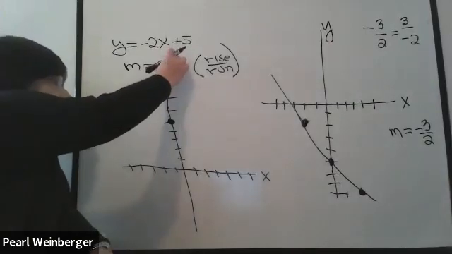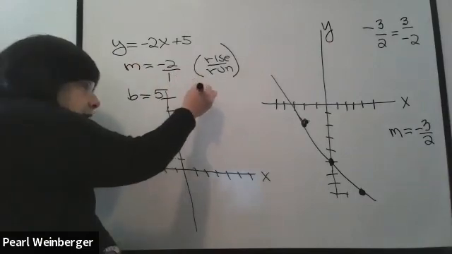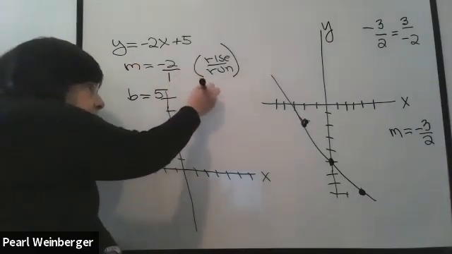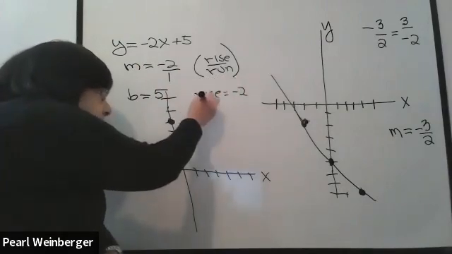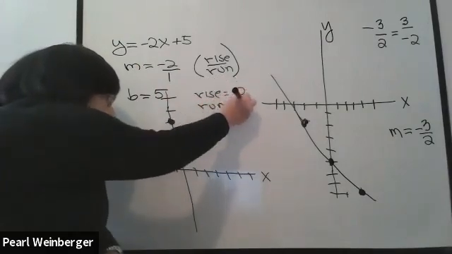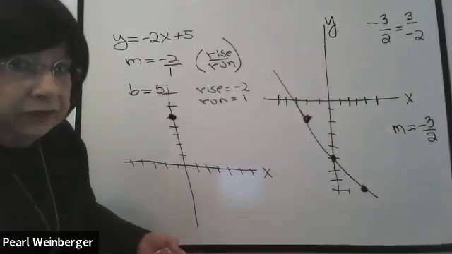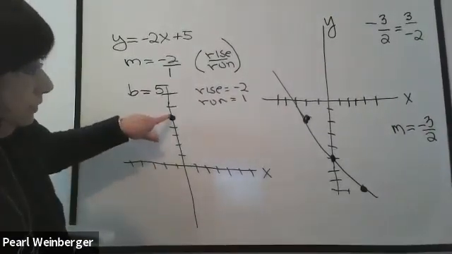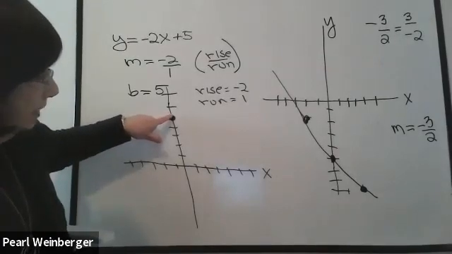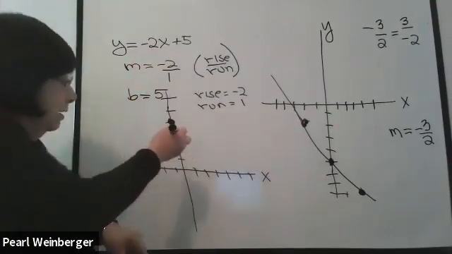The slope being -2/1 can be looked at in 2 ways. We can say the rise is -2 and the run is 1. Now, remember, the point of a negative sign is to indicate direction. So if I'm starting, and I'm always starting at my y-intercept, if I want to rise -2, instead of going up 2, I want to go down 2.